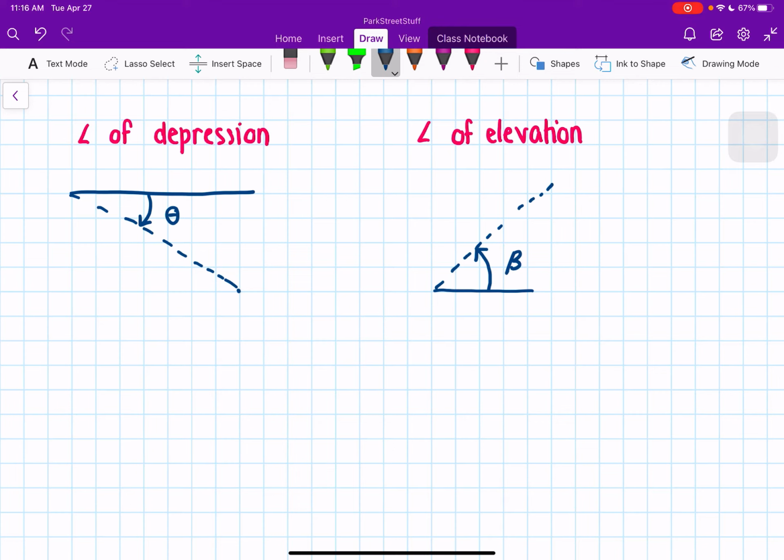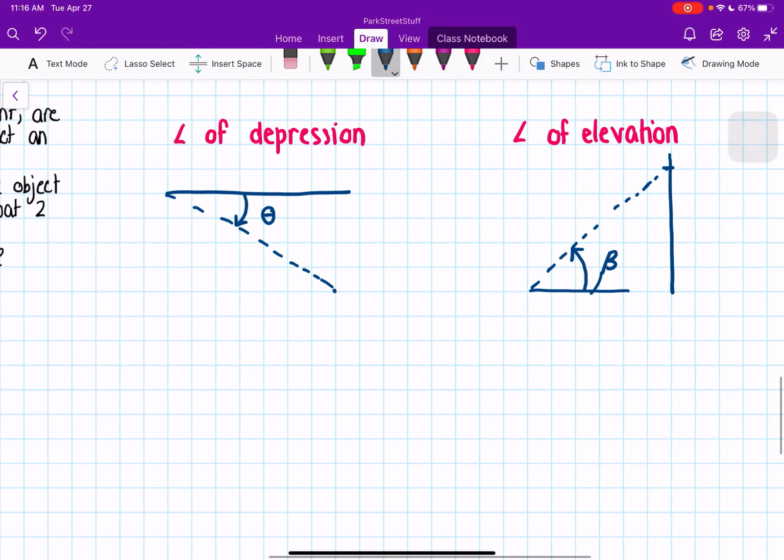Angle of elevation can be used if you are at the bottom of a building and your friend is waving at you from a window at the top. What is the angle of elevation to look up at your friend? Angle of depression could be if you are at the top of a tower and you see your car at the bottom on the road. What is the angle of depression for you to see that car? That is your angle of depression.